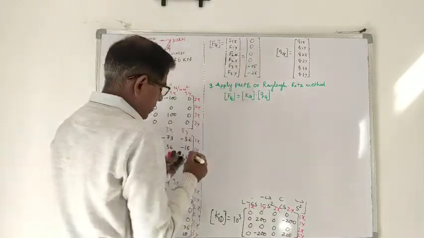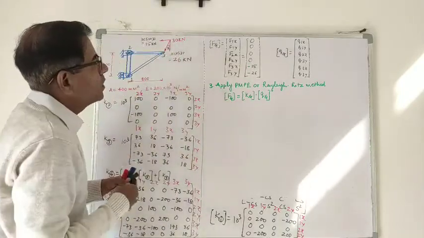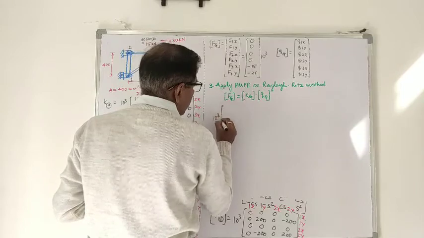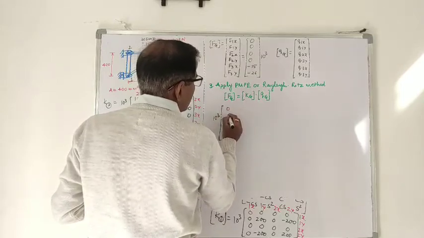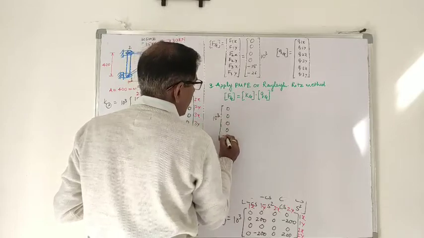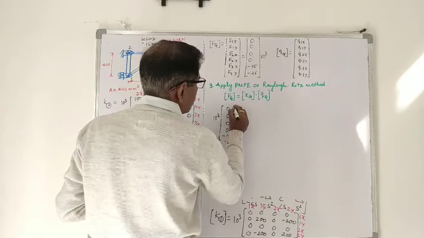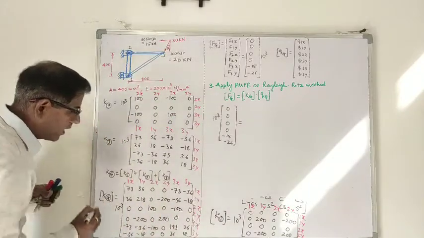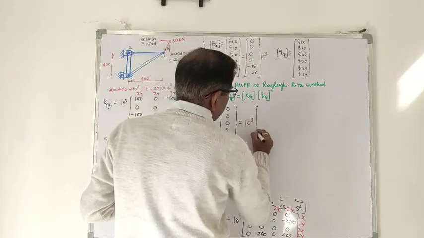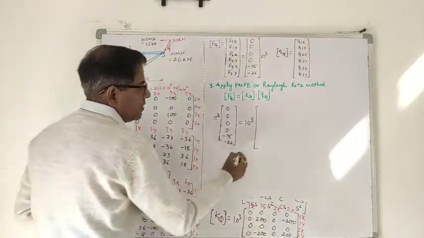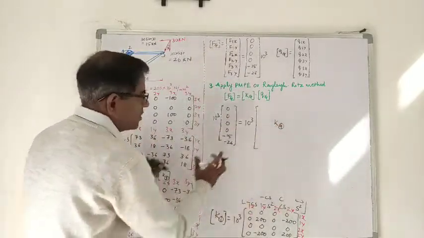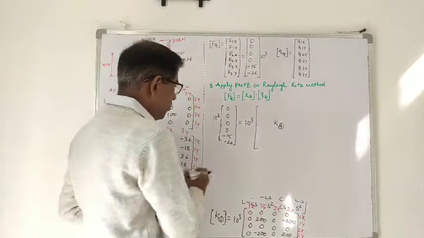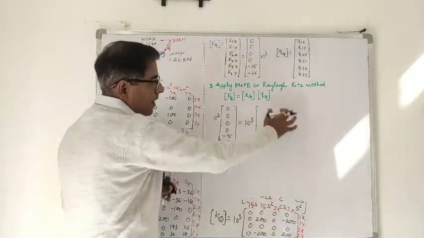Now the global force matrix is in kilonewton, so 10 to the power 3 will be outside the bracket: 0 0 0 0 minus 15 minus 26, equal to, and here also 10 to the power 3 will come outside the bracket. Now the entire Kg matrix will be written here, so I won't write all the values again, but you have to write the entire matrix here.